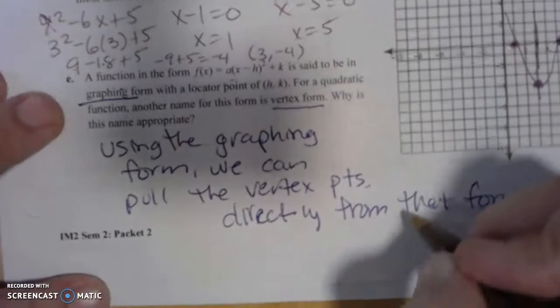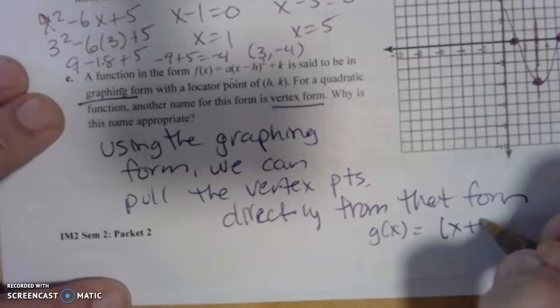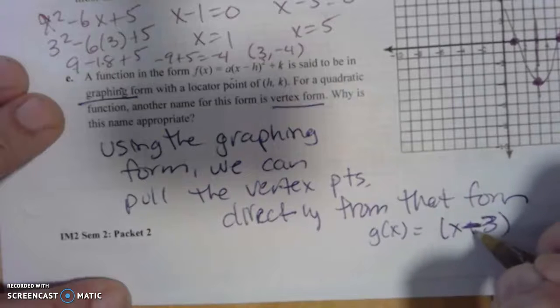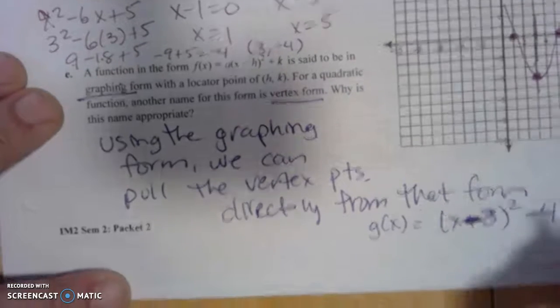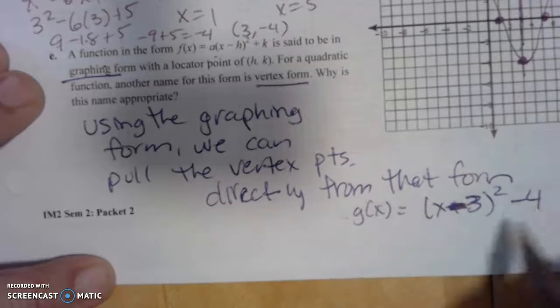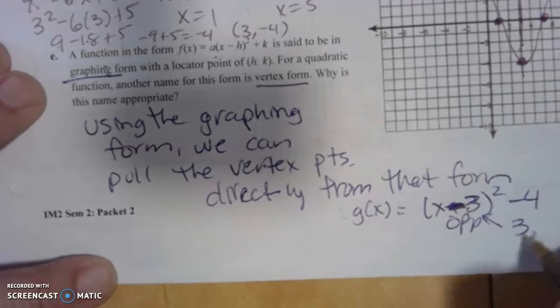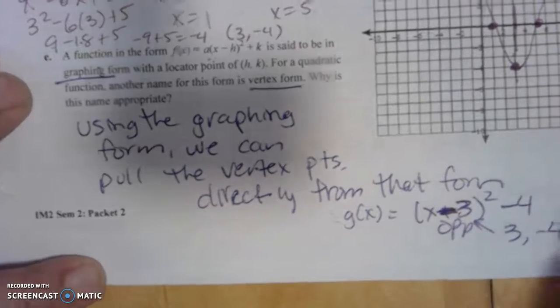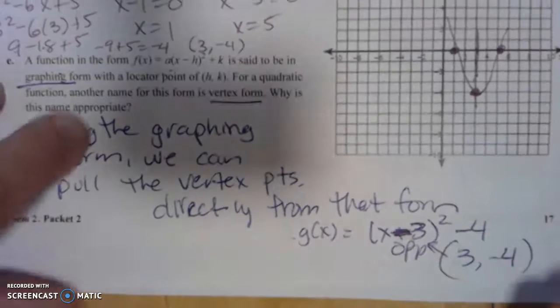Okay, so remember Anessa had x minus 3 squared minus 4. So I can pull the vertex directly from this graphing form. I take the opposite of this, which is a positive 3, and then I just take this number out here, negative 4. And that's a really nice way to grab the vertex.